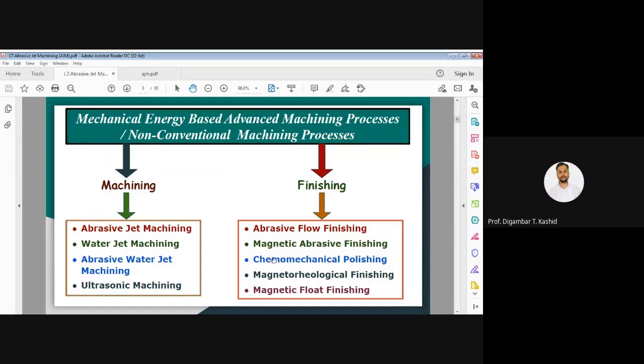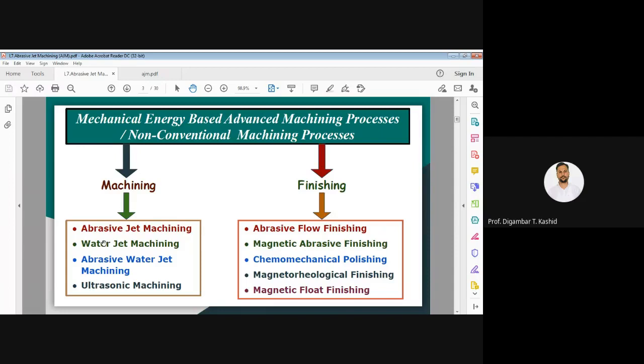So these are the five finishing processes which come under this category of mechanical energy based advanced machining processes. Machining category is different, and finishing category is different. As per our syllabus we have the machining processes only, so we will discuss most of these machining processes in this particular unit.